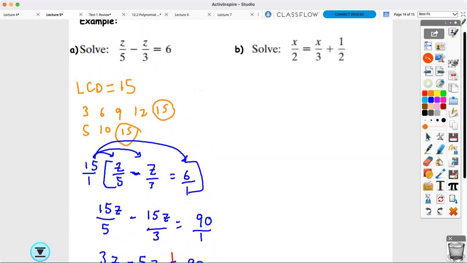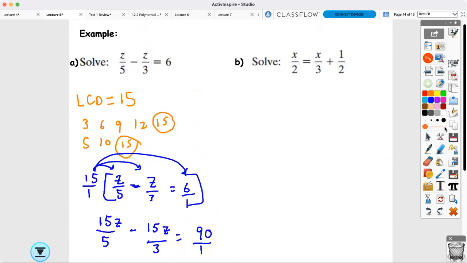All right, let's look at B. We have x over 2 equals x over 3 plus 1 over 2. So we have to find the LCD first. The two denominators are 2 and 3.